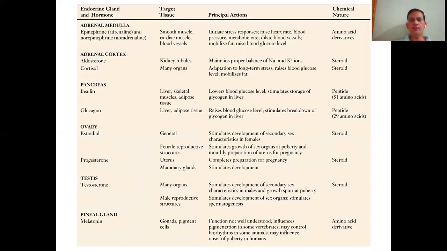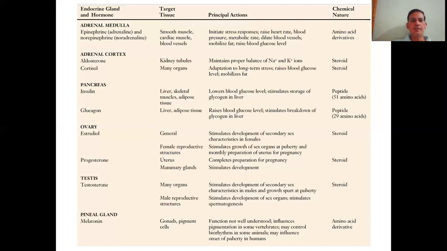This is also a steroid. Progesterone, its targets are uterus as well as the mammary glands. So this prepares for the pregnancy and also stimulates the development. This is also a steroid.